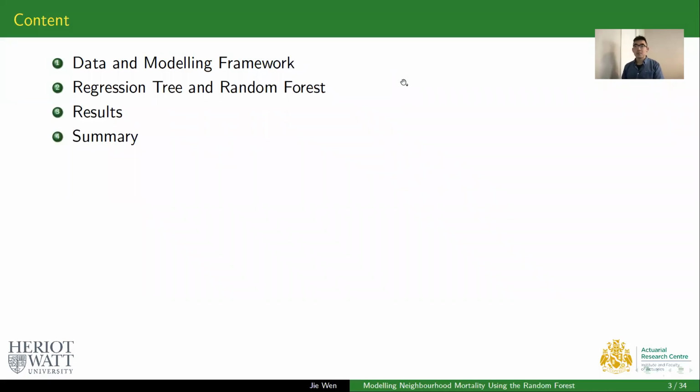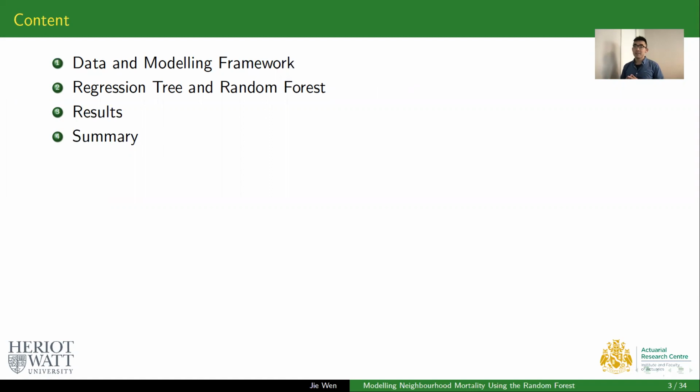Okay, so let's start with a brief summary of the contents I'm discussing today. First of all, I will introduce the data we use to construct the model and the modeling framework we follow. The second section is about the main topic today, the random forest model. What is it and how does it work?